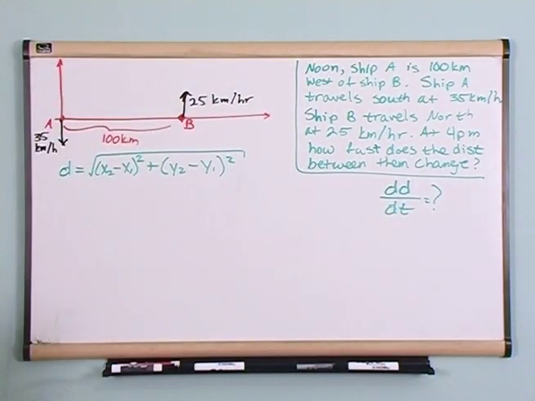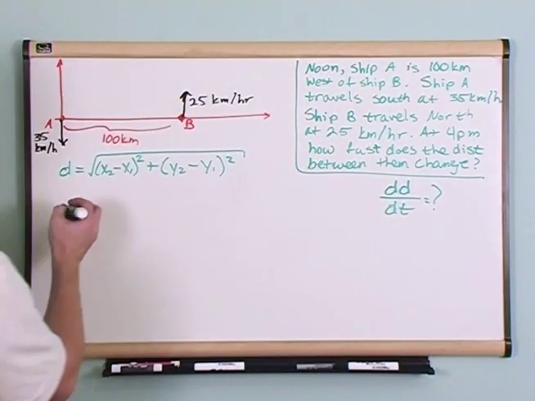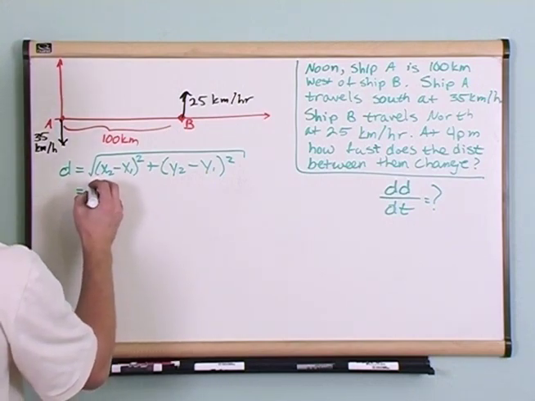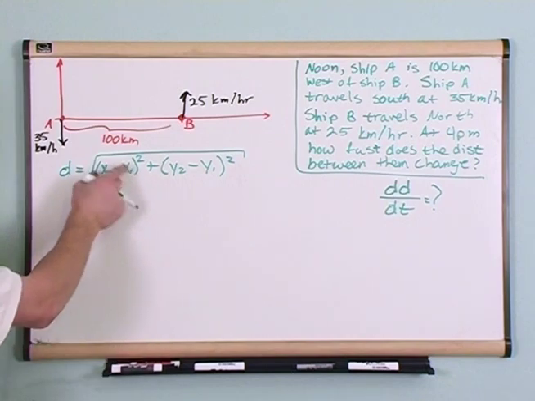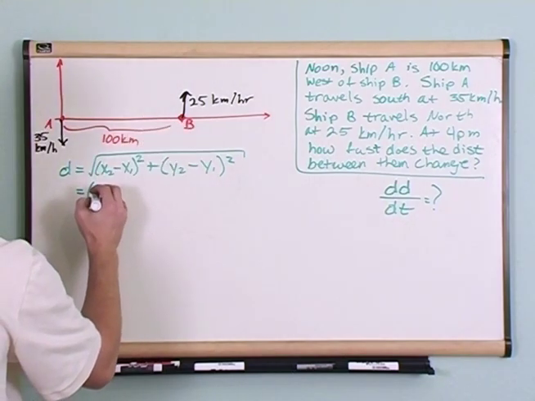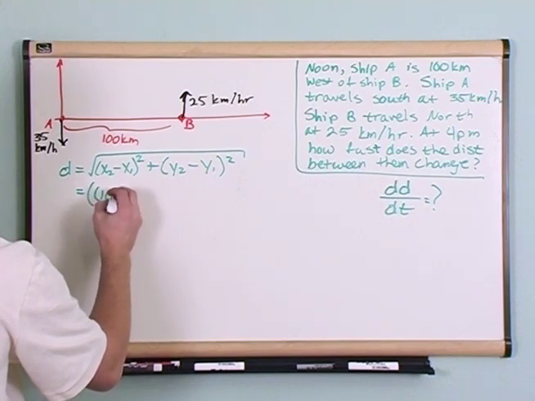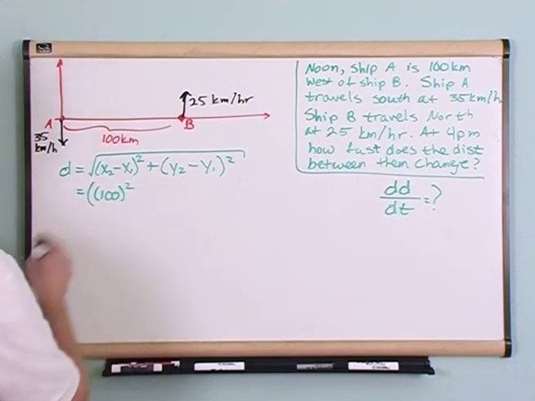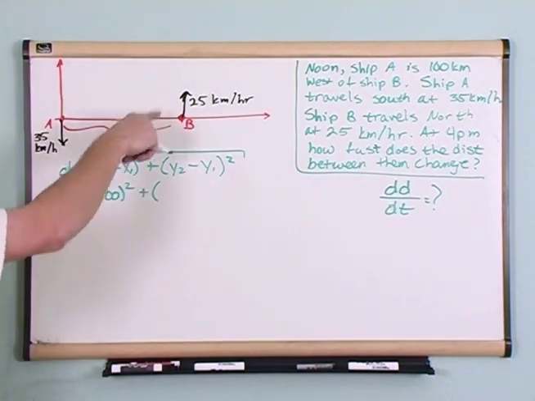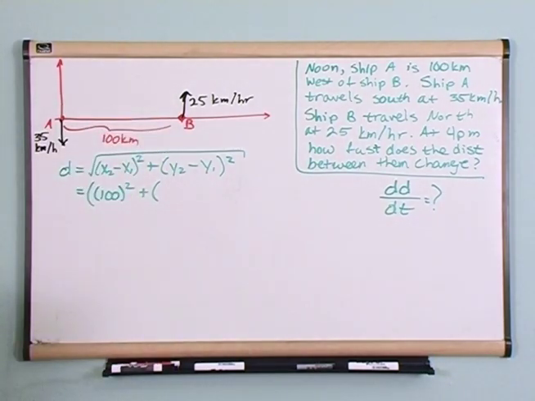So let's do that. But before we go in and actually do that, we want to plug some numbers in here. x2 minus x1 is just the difference in x here. So this is just 100, 100 squared, plus the difference in the y's. Well, here's where it becomes a little bit interesting.